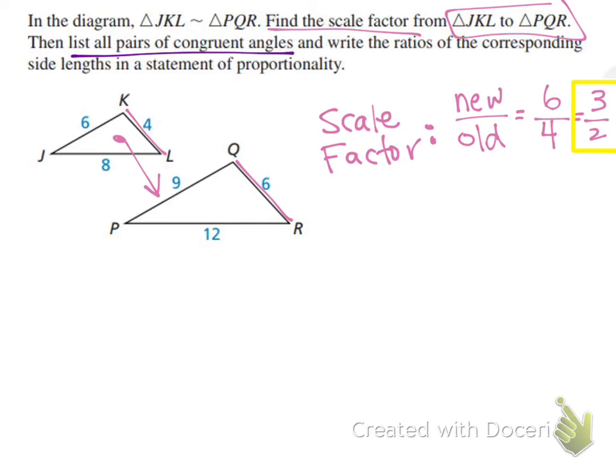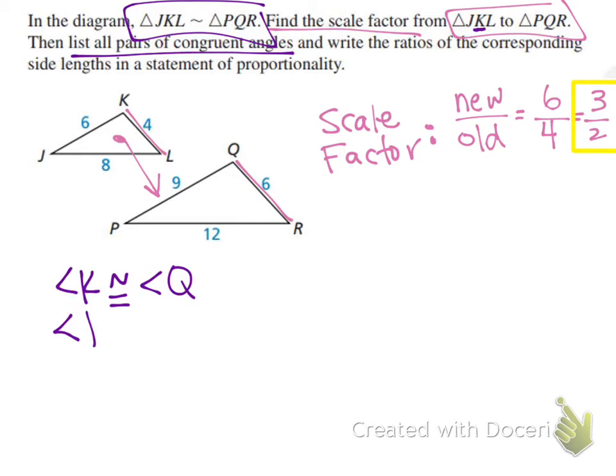Okay, we're going to list all the congruent angles. So angle K, what is angle K congruent to? Angle Q. So you can use this statement, or you can look at the picture in some cases. But K is congruent to angle Q. What else?